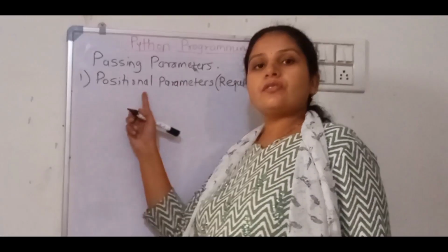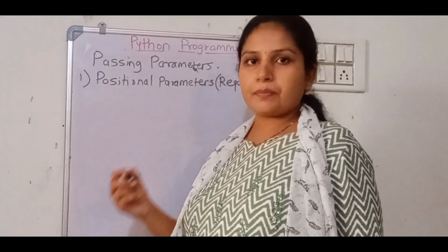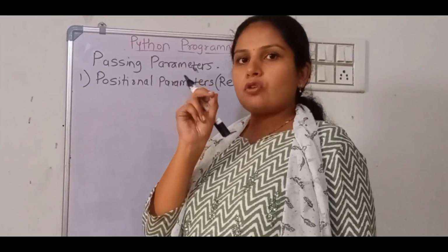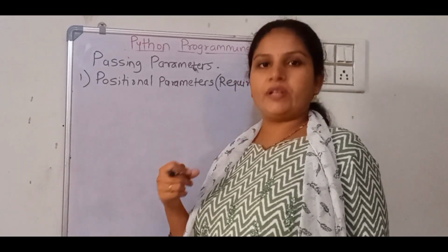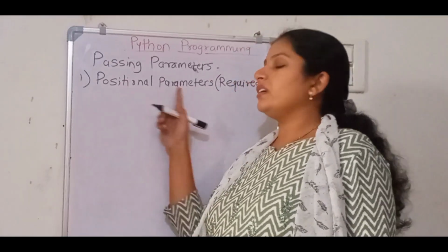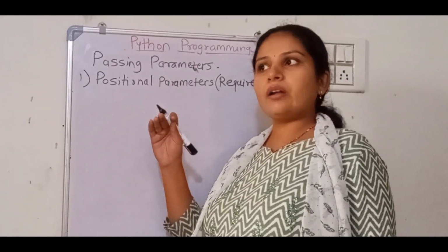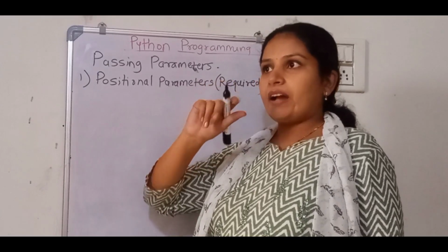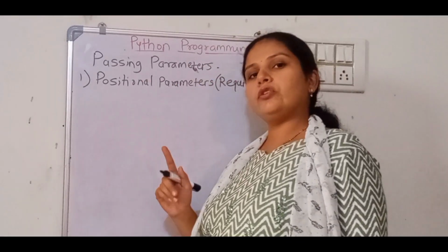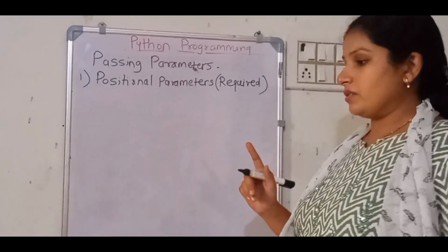As the name suggests, positional parameters, that means those parameters or names have a certain position. I have mentioned before the sequence, right? So that is the positional parameter. When you are setting some particular position, then according to that sequence only your value will be passed.